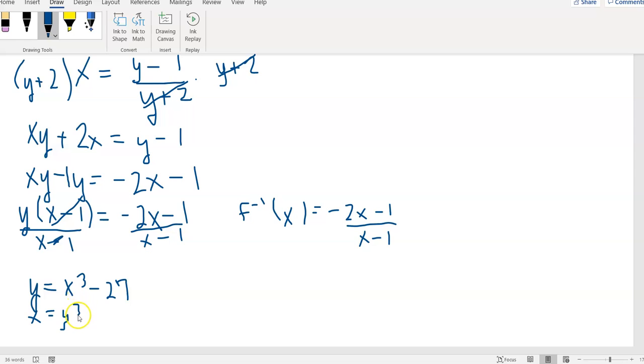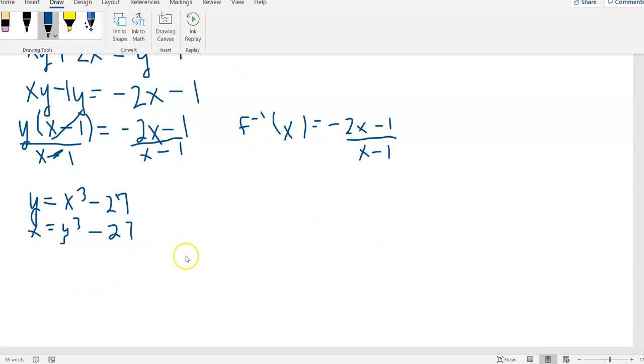Oop, that's a weird looking y. Now let's solve this for y. Let's add 27 on both sides, of course. And we get x plus 27 equals y to the third.